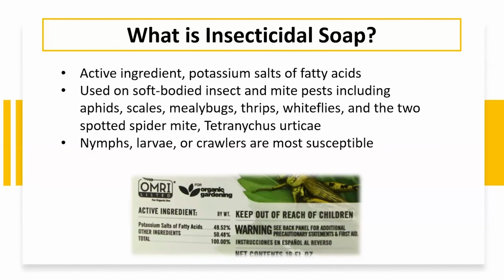It's really good on nymphs, which are the very small beginning stages of some of the different insects. It's also good on larvae, the caterpillar, as well as crawlers. The crawlers are associated with mites, and so the insecticidal soaps are good for those. Just as a review, the fatty acids are what is of interest.